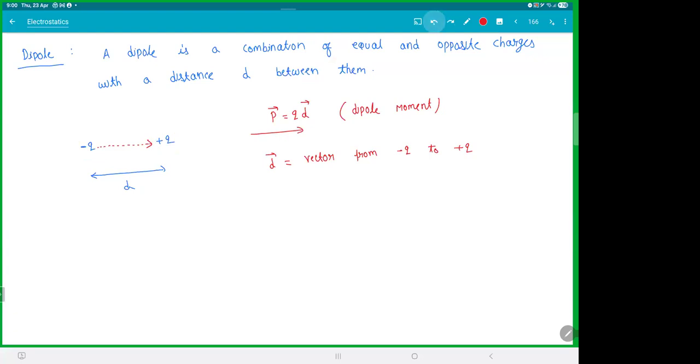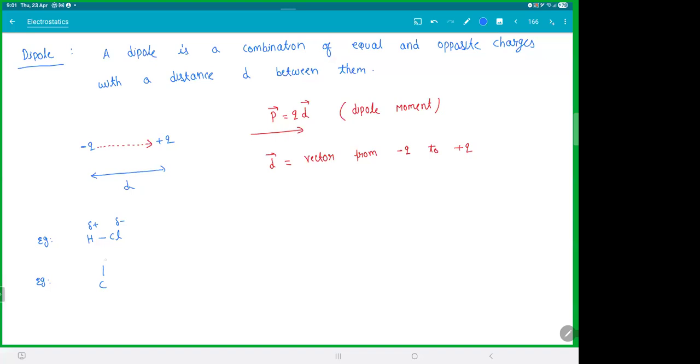But in nature, you get a lot of these dipoles popping up everywhere. So it's better we define something for a dipole. So that's why we do this. The most common case, you can think of it like that. If you look at your HCl, you have a slight delta plus and a slight delta minus.